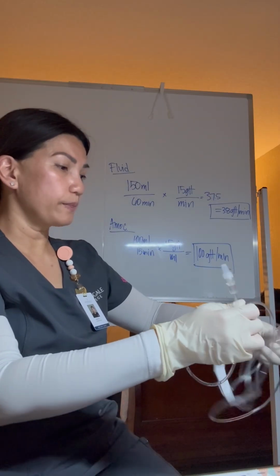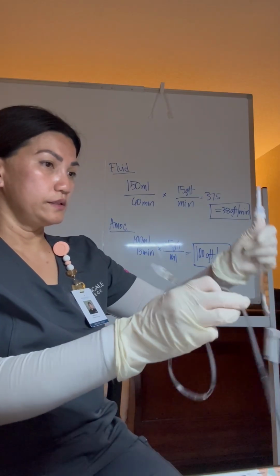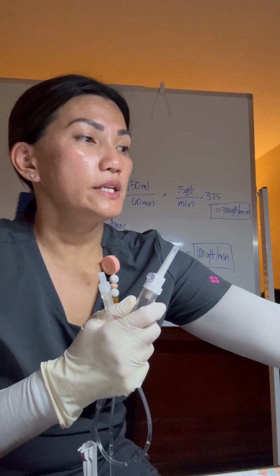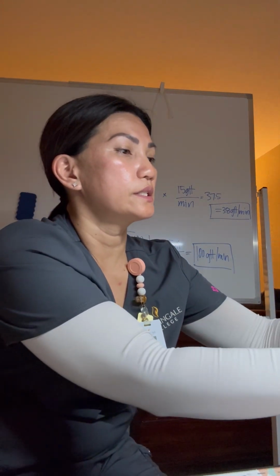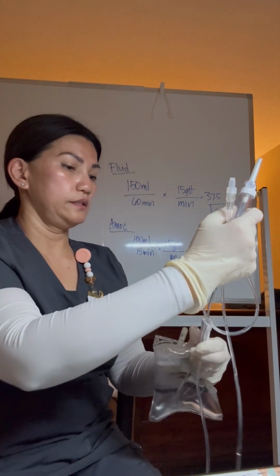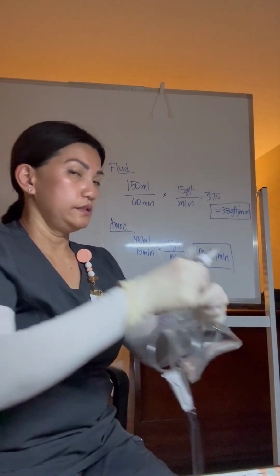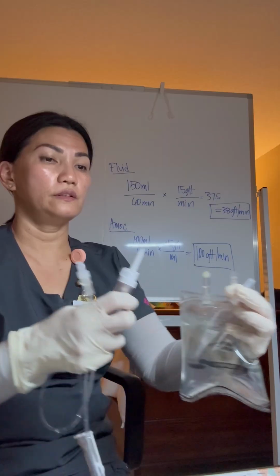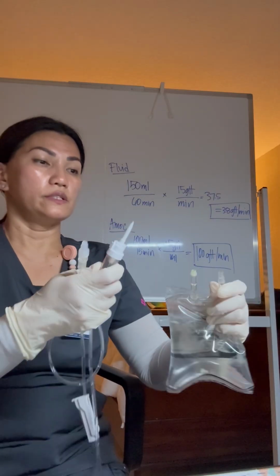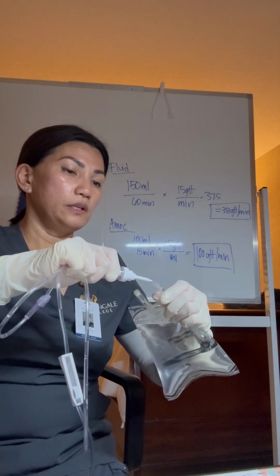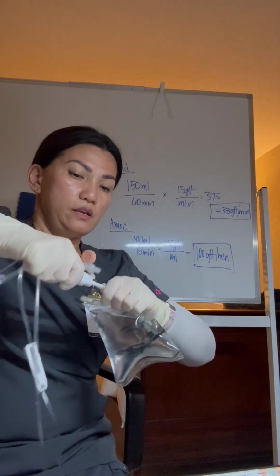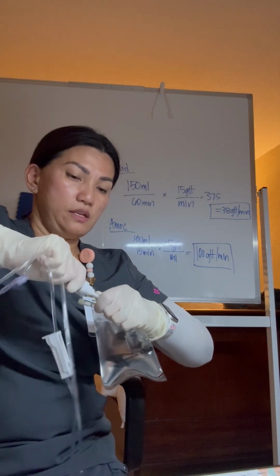All right, so let's get started. So I'm going to take the solution. Take the cover off the spike. And then I'm gonna invert the bag and go ahead and spike it.